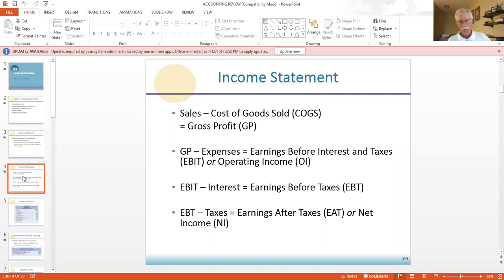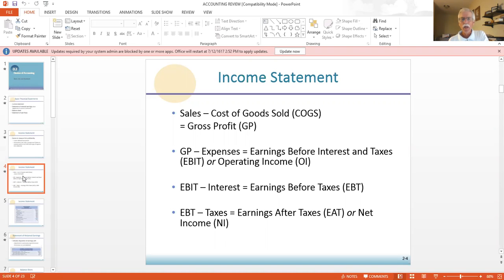So the first stopping off point is gross margin or gross profit, where in order to arrive at gross margin, you would take sales minus cost of goods sold and determine what level of gross profit has occurred at that point in comparison to where you were a year earlier or where a competitor is.